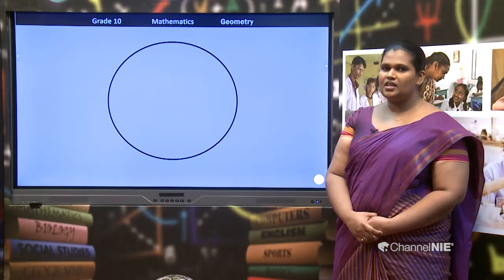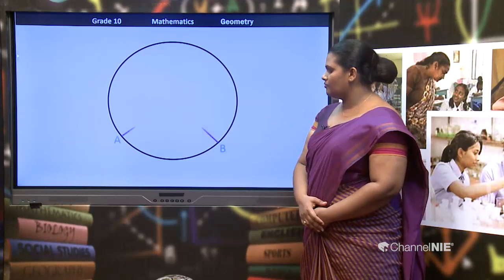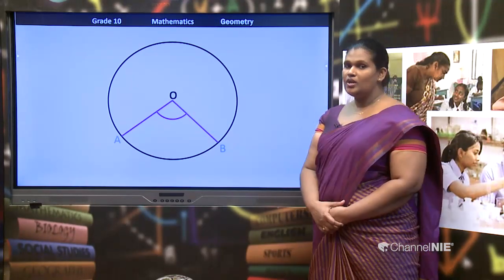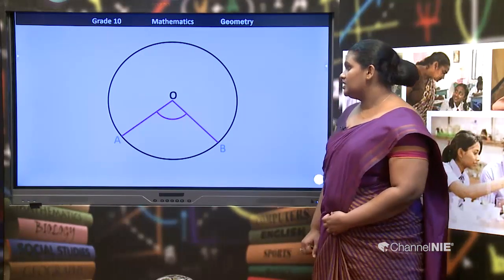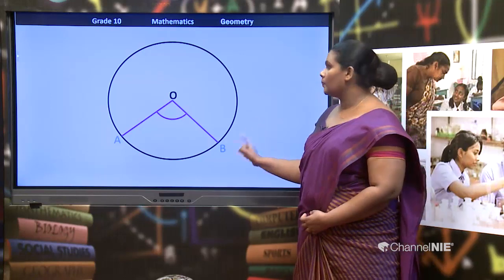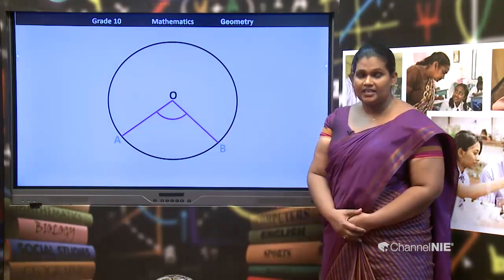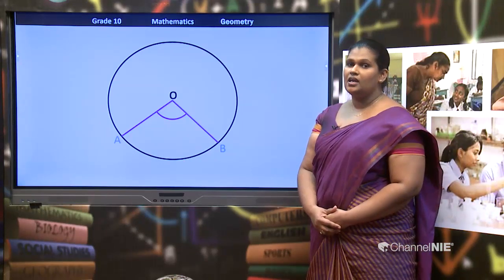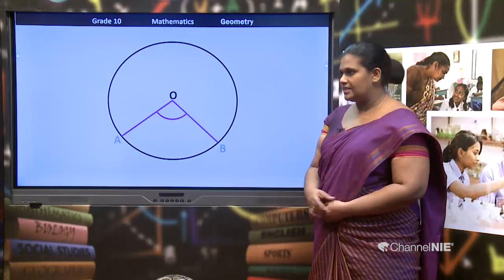Before that, see whether you can observe these things. Once again, I have got a circle. Now, here I have marked up an angle. If I consider the minor arc AB, I can say AOB is the angle subtended by the minor arc AB at the center of the circle.